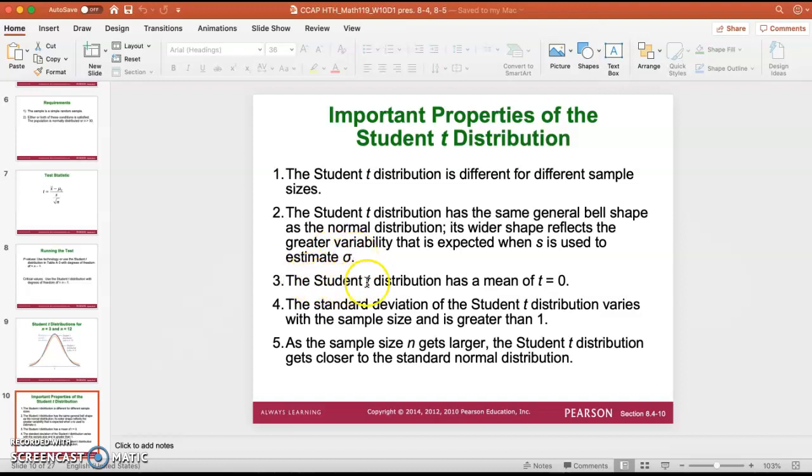Something still similar, that t-distribution still has that mean of t equals 0, so like a t-score equaling 0. And then the standard deviation of the student t-distribution varies when the sample size is greater than 1. And as the sample size gets larger, again, that t-distribution gets closer to the standard normal distribution, otherwise known as the z-distribution.